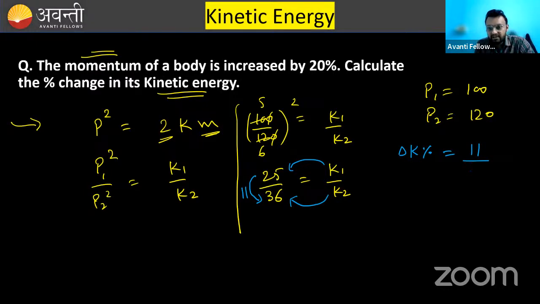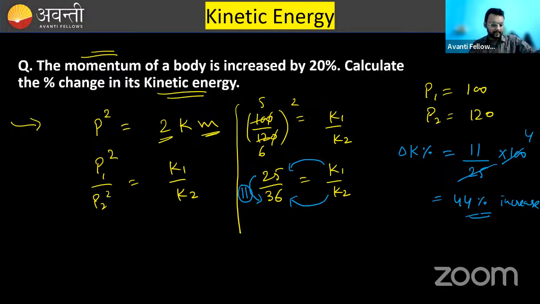What is the initial kinetic energy? 25, multiplied by 100. So the change in kinetic energy is 11 divided by the original kinetic energy 25, into 100. You can divide that by 4. So that is 44% increase.